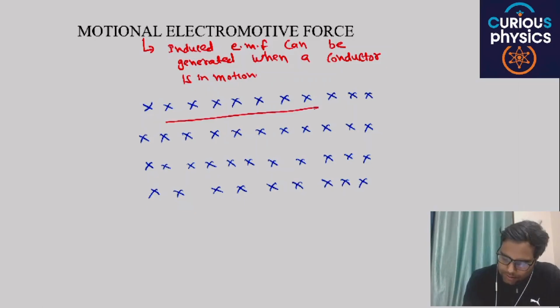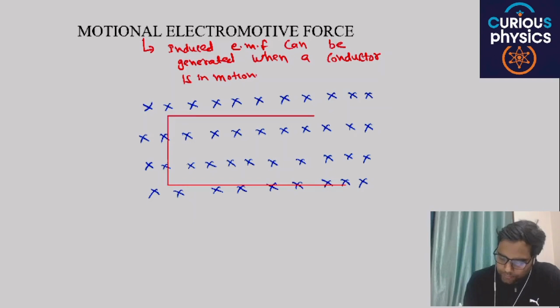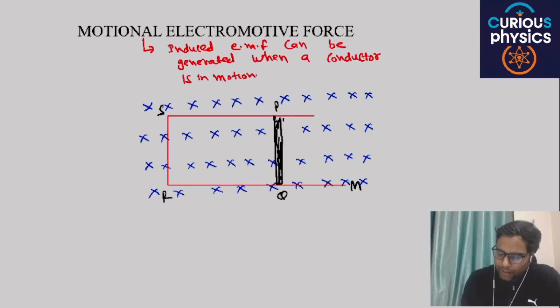Let's label the points P, Q, R, S, and this point may be M and N. In this loop, this length is L, and this length is X. Are you able to understand my point or not?